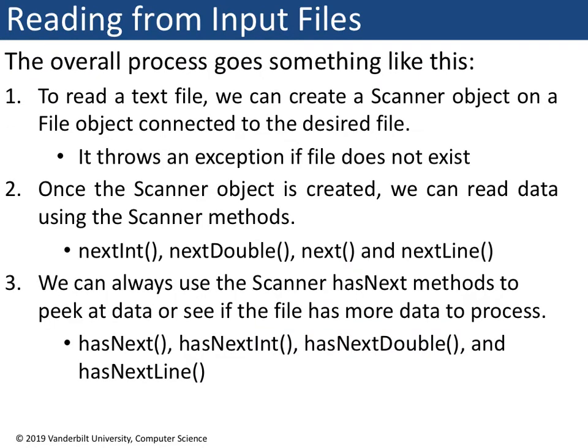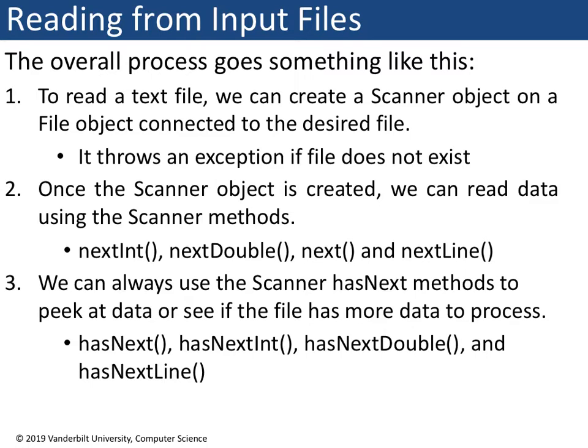So the overall process to be able to read the contents of a file goes something like this. First, obviously we need to create a file object. Once the file object is created, we need to create a scanner object which has as parameter the file object. The scanner object will throw an exception if the file doesn't exist.